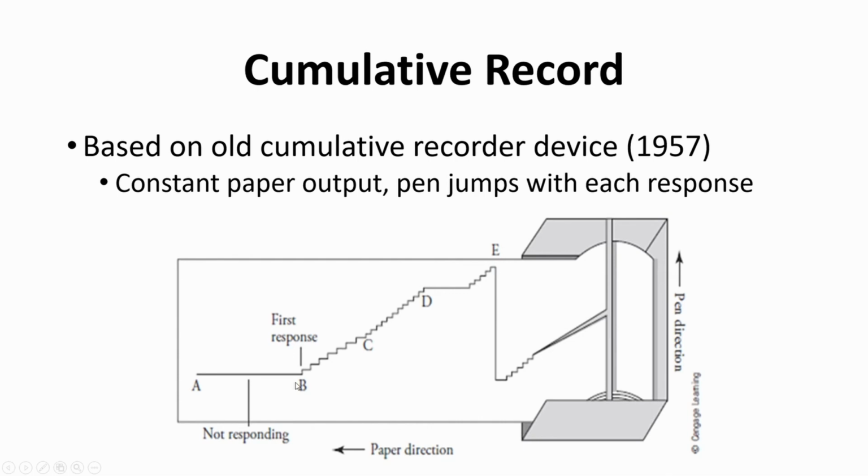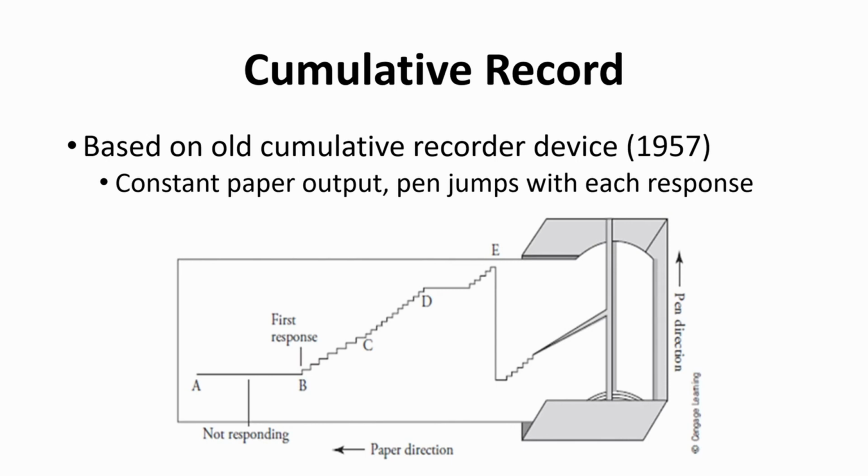So this is a visual representation of when and how frequently our participant or our organism is responding during a given session. So our slope is the rate of responding, and we can identify each individual response because of the properties of this setup here. Hopefully I didn't overcomplicate that too much.